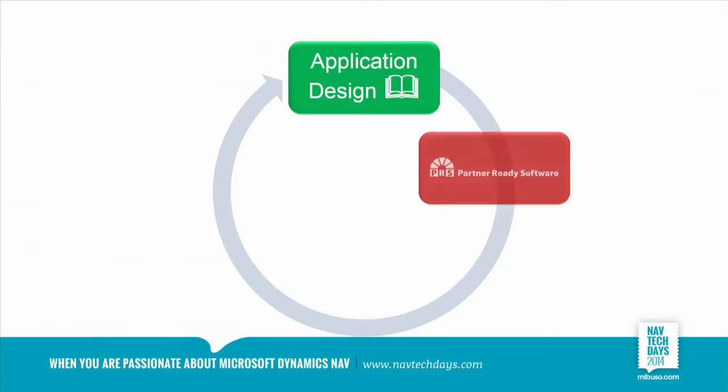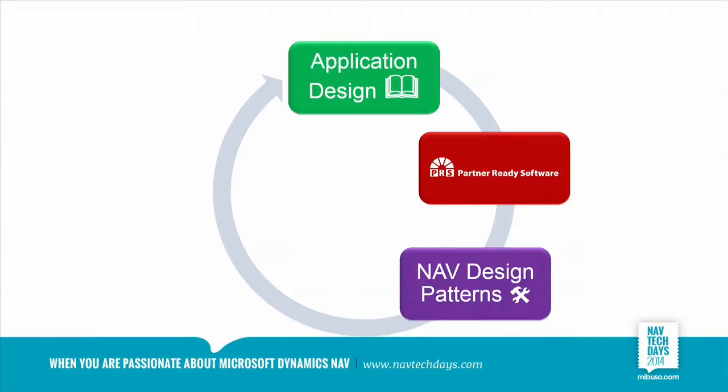After I did that, Gary and Waldo approached me and said, we need to do something with this. We need to tell people about how to design proper applications. So we started the community initiative, Partner Ready Software. We started with the 3 of us first, and then Vjeko joined us, and now we have Soren with us as well. After a while, Microsoft approached us too.